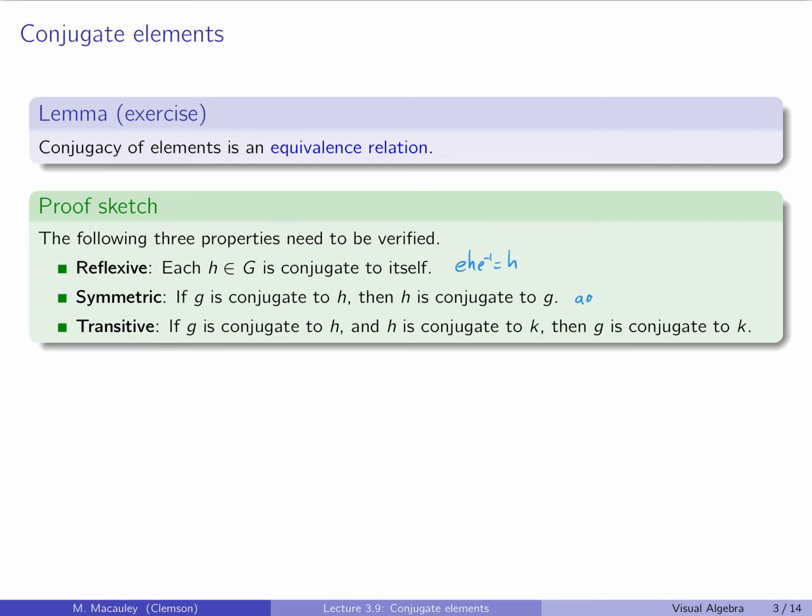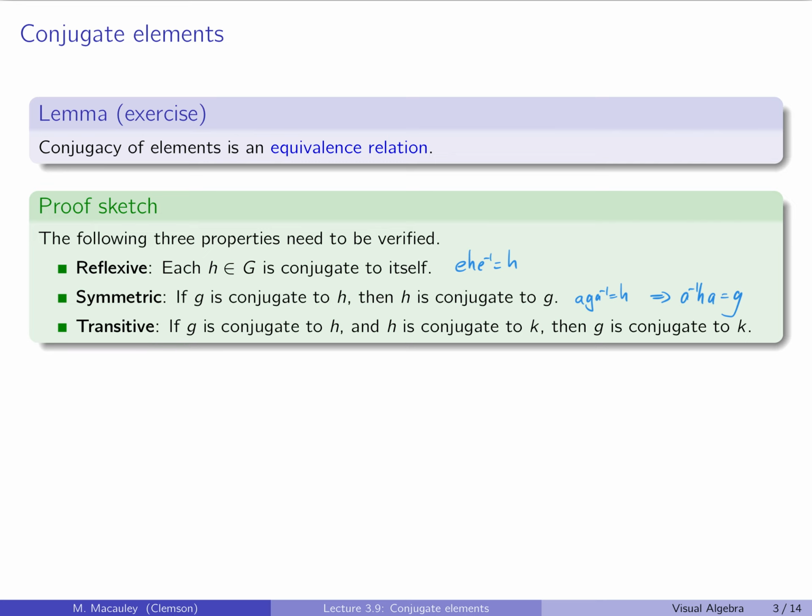Suppose a g a inverse equals h, then I claim that if you take this and you multiply on the left by a inverse and the right by a, then we can get that a inverse h a equals g. So if a takes g to h, then a inverse takes h to g.